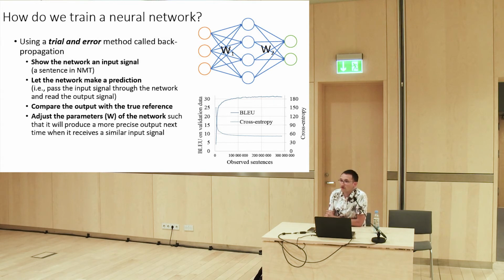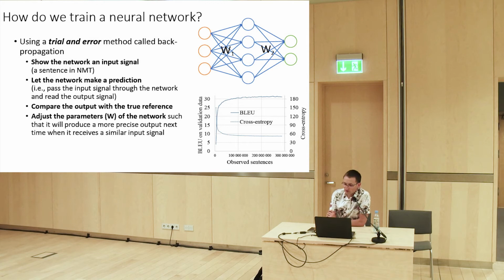Then we compare what the neural network produced with what is in our reference. So we train a neural network for neural machine translation with a parallel corpus, so we always have the correct translation for each sentence. And if the translation is not correct, we adjust the parameters of the neural network.